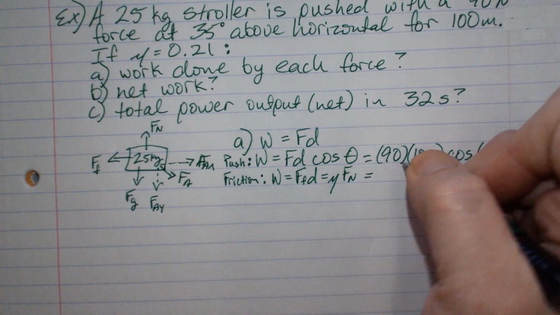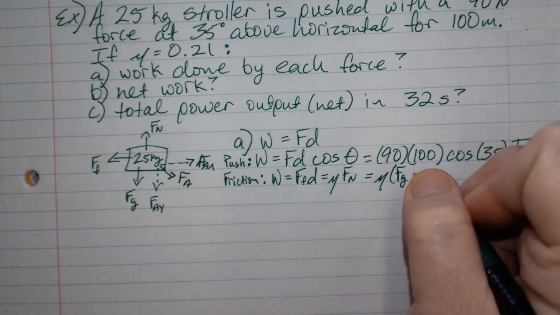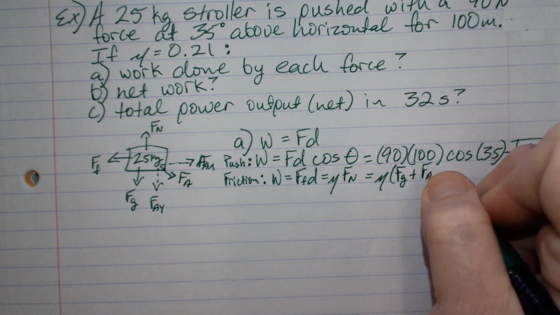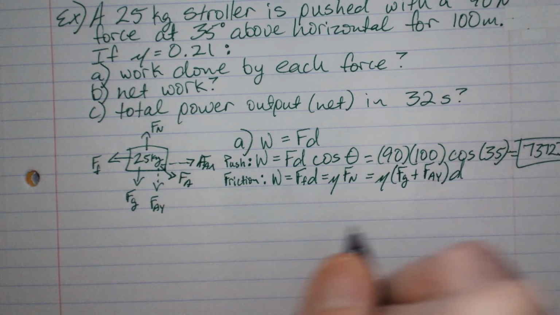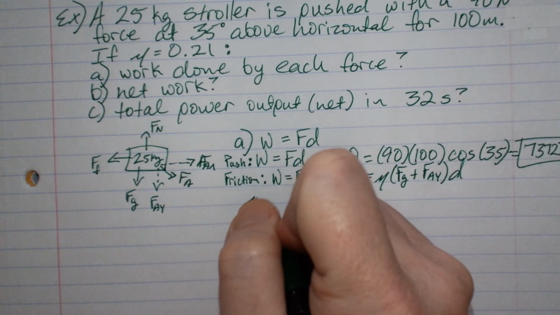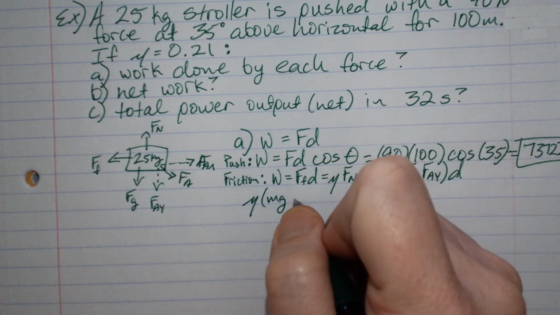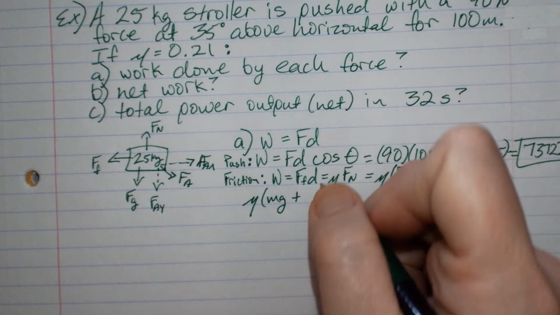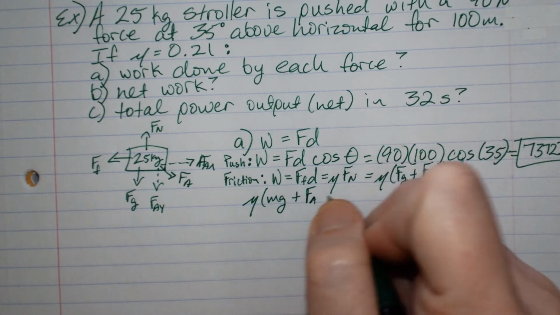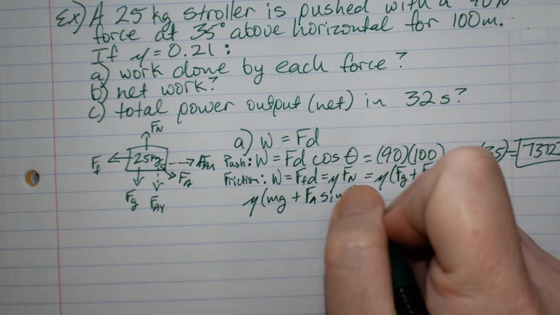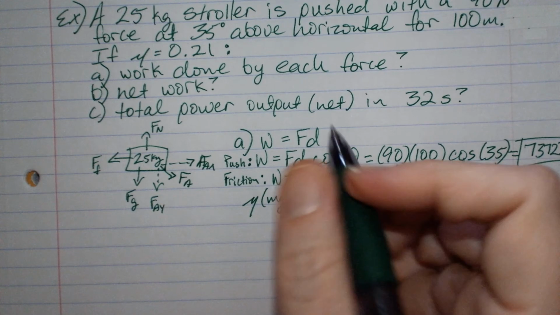So that means I'm going to do mu times Fg plus FAY, times displacement. Well, Fg is mg, and FAY would be the force applied sine theta, and then multiply that by d. So it's a mouthful, but we can do it.